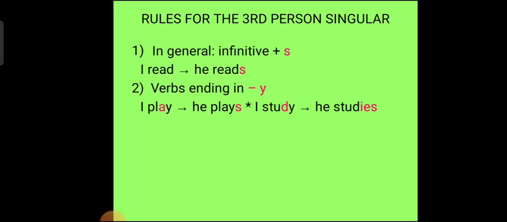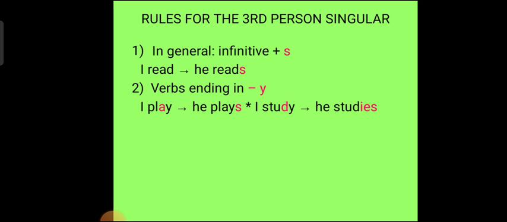Sometimes before y, there is a consonant letter, like study, I study. I add ies. Instead of y, I add i, then I add es. Don't forget the vowels. The vowels are a, e, i, o, and u.